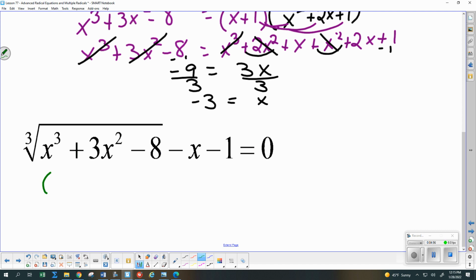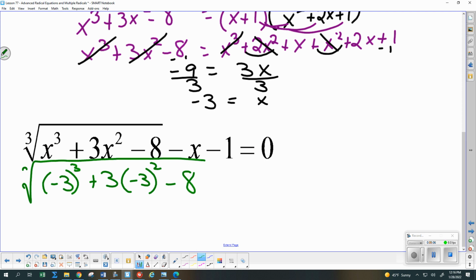That means I have negative 3 cubed plus 3 times negative 3 squared minus 8, and I'll need to take the cubed root of that, and then minus a negative 3 and minus 1, and I want to see if that's going to equal 0.